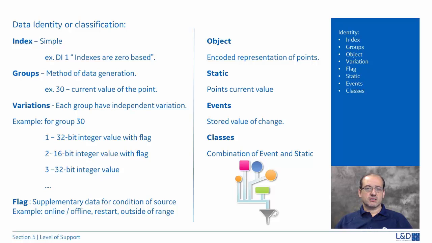The flags are information or metadata that would say whether the points are online or offline. So let's take an example. If the information from the field is showing that the breaker is open, or the status, the digital input value, is 0, is it 0 because it's really open, or is it 0 because the monitoring point is offline?